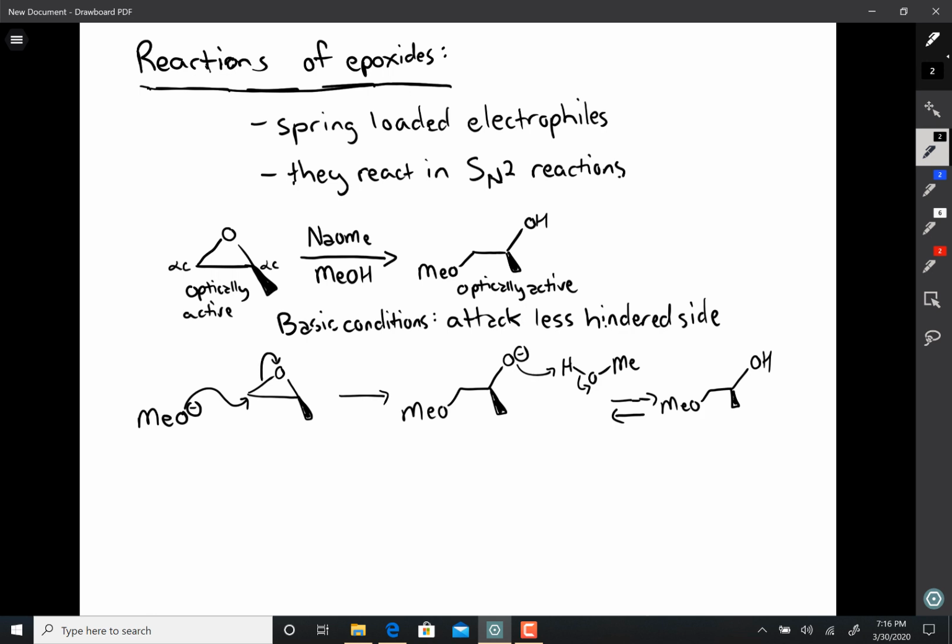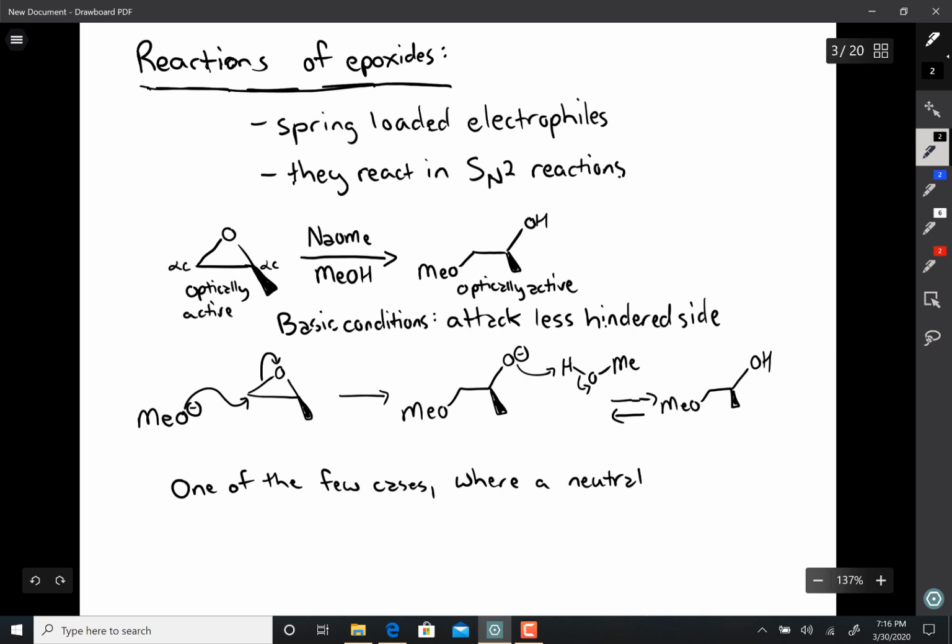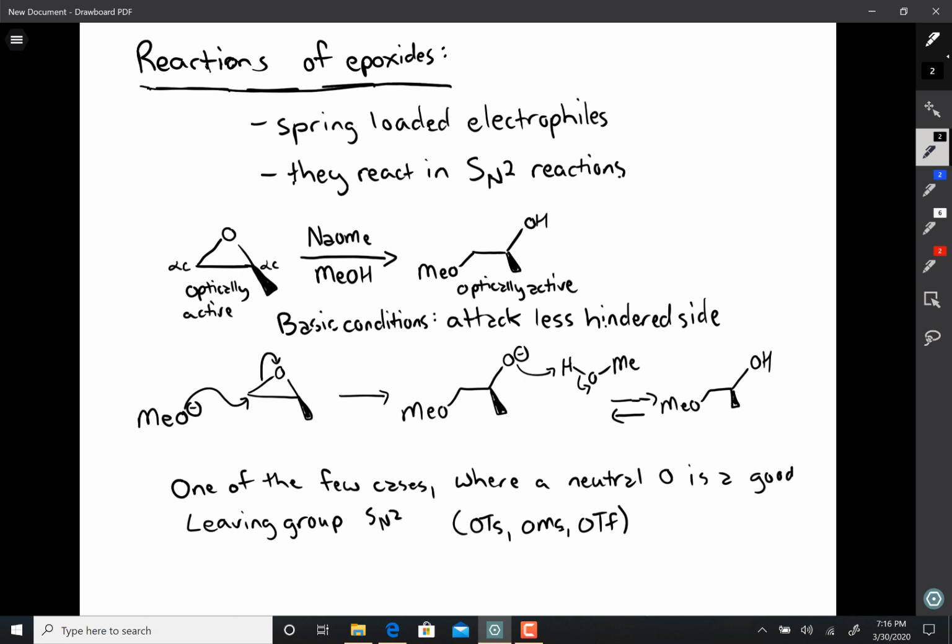Now, this is one of the few cases where a neutral oxygen is a good leaving group in an SN2 reaction. The other cases are OTS, OMS, and OTF. This one's a good leaving group because of the strain on that 3-membered ring.